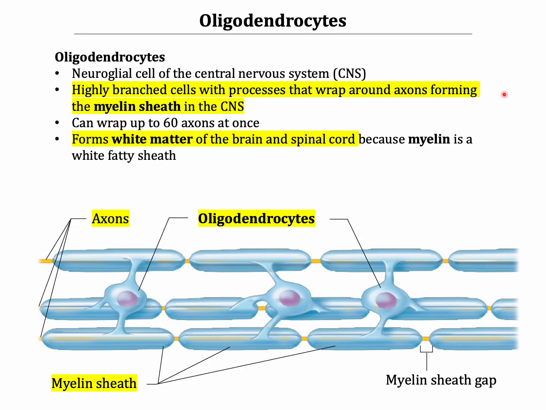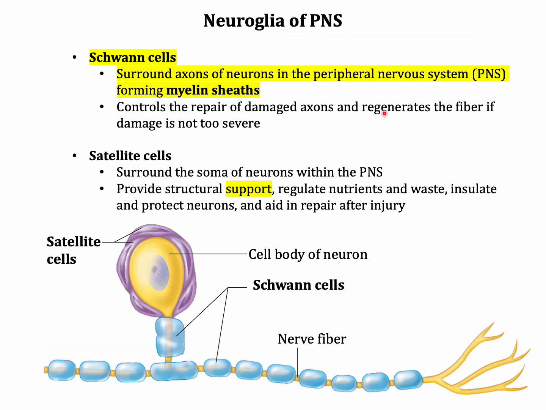Then oligodendrocytes, these are the cells in the central nervous system that produce myelination. They are highly branched. Oligo means few, dendro means branch, cyte means cell. So it's a cell with many branches, extends its cell membrane, wraps around axons, and forms the myelination in the brain and the spinal cord. In contrast, in the peripheral nervous system, it's the Schwann cells providing the myelination.